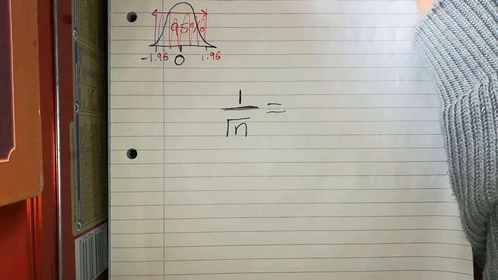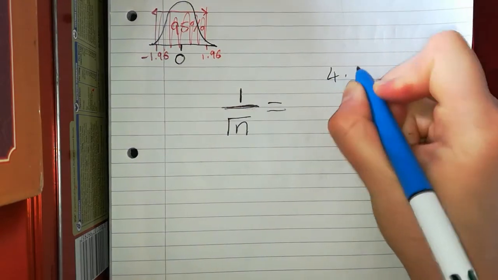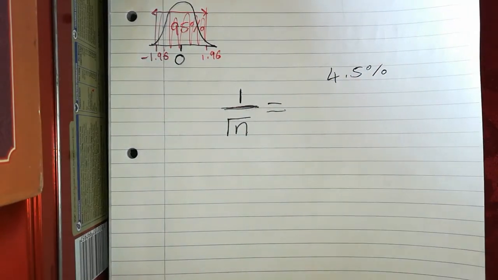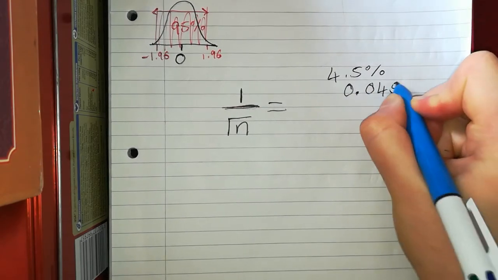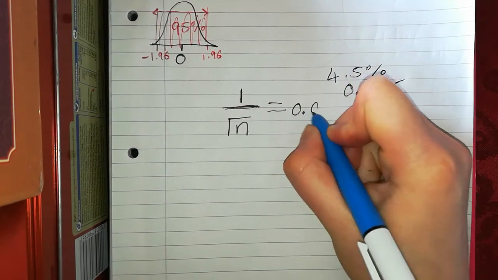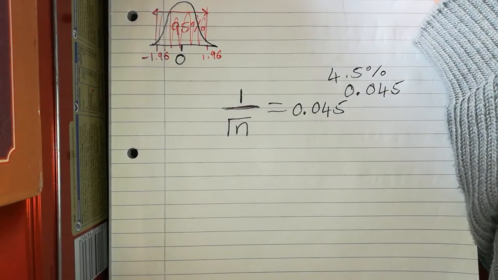So I have to let that equal a decimal. 4.5% as a decimal would be 0.045. So I'm going to let 1 over the square root of n equal 0.045, and now I'm going to try and get a value for n.